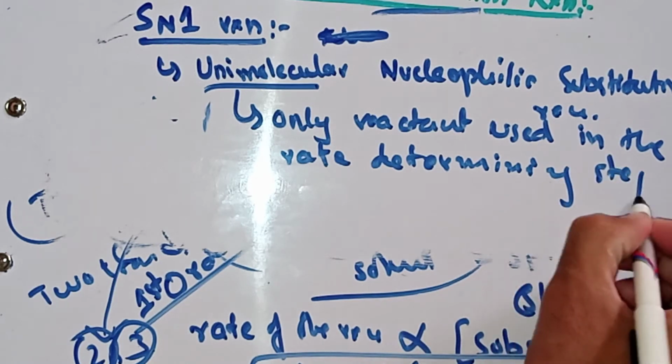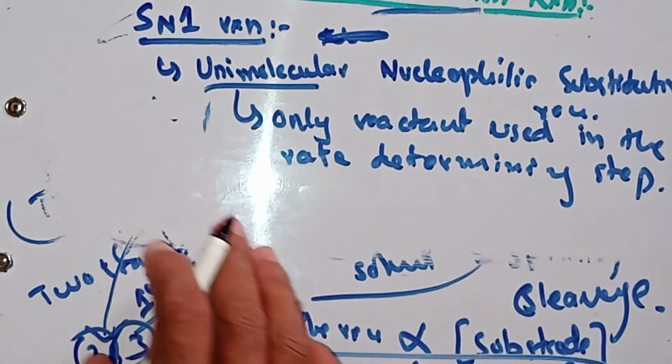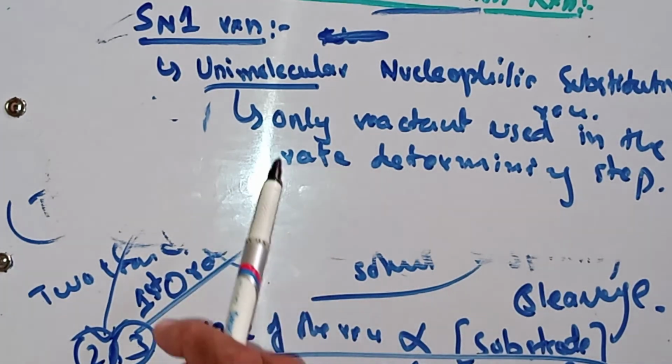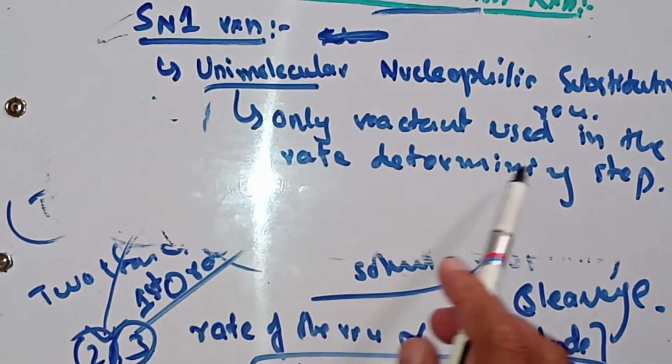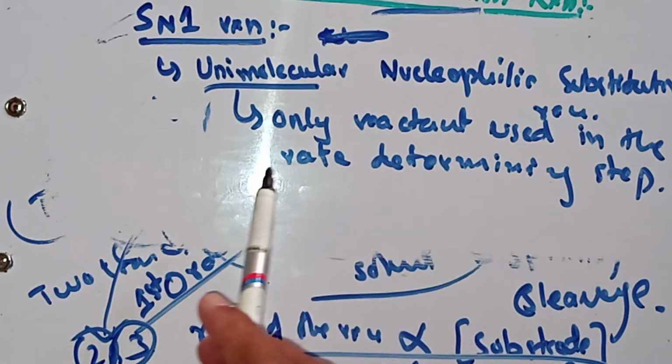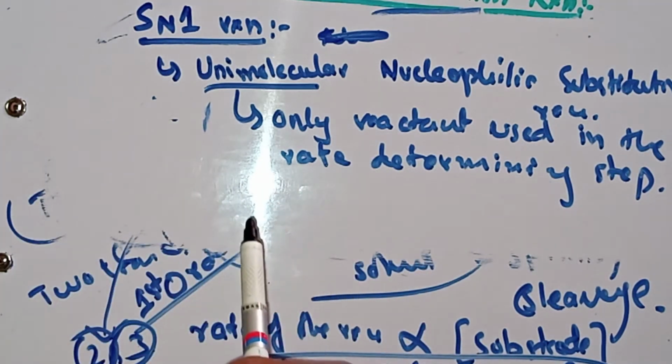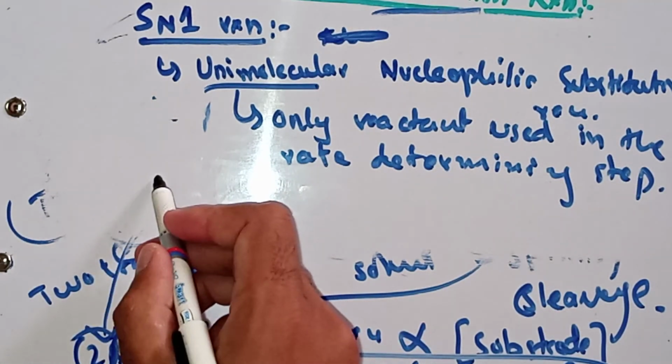Or you can say that in the first step, only one molecule is used, or only one reactant is used in the slow step of the reaction. This is the first property.